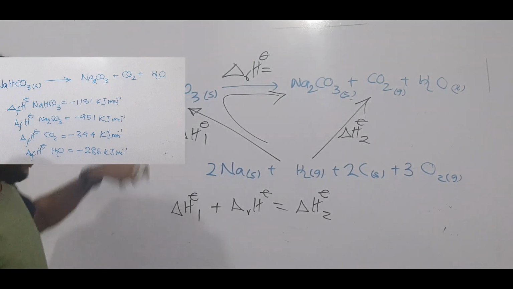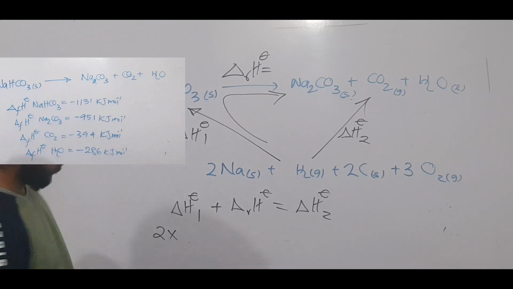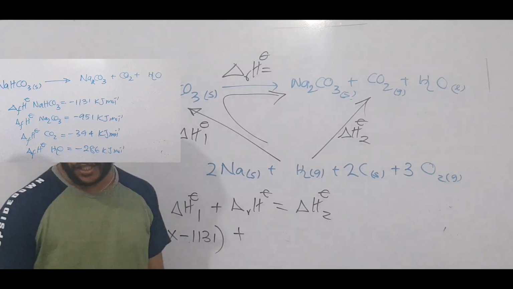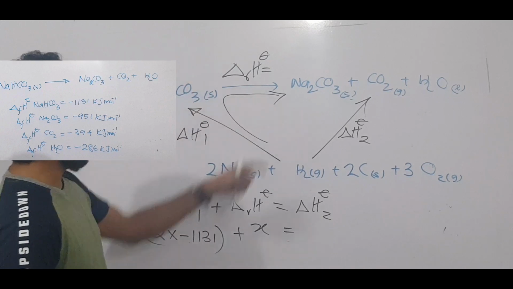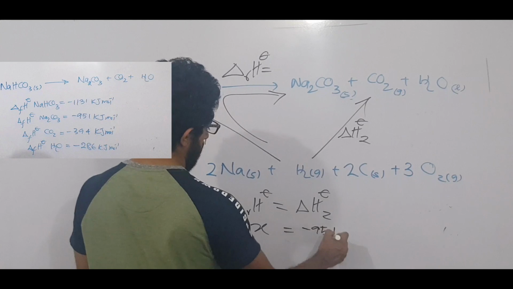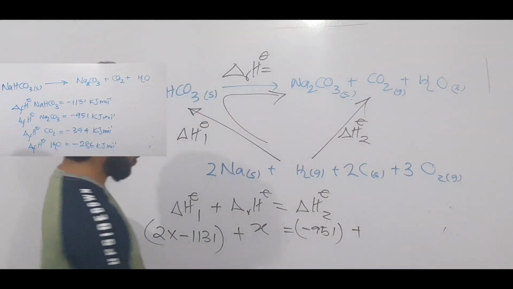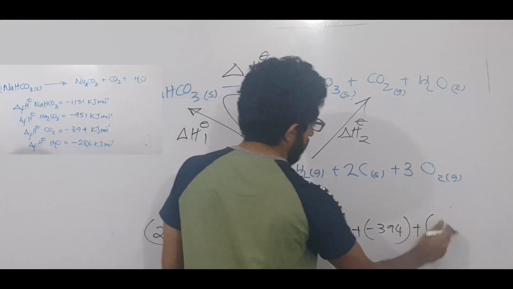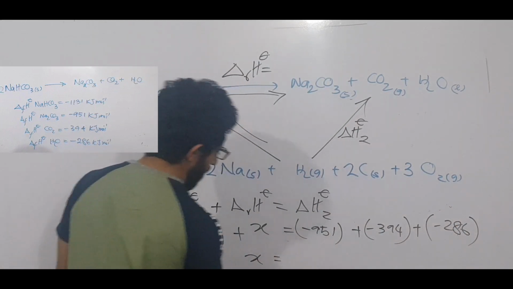Here you have 2 moles, so you have to multiply this by 2. 2 into NaHCO3, which is minus 1131, plus delta RH, which is the one we have to find, I'll just put X for that, equals delta H2, the sodium carbonate value: sodium carbonate is minus 951, plus carbon dioxide minus 394, plus H2O minus 286. So you can make X the subject and get the value.